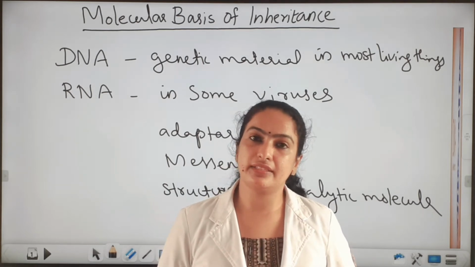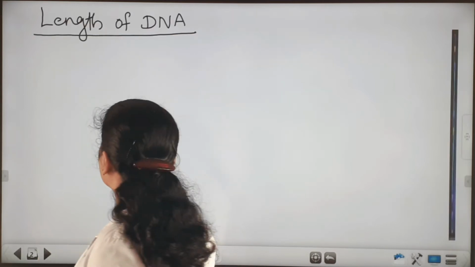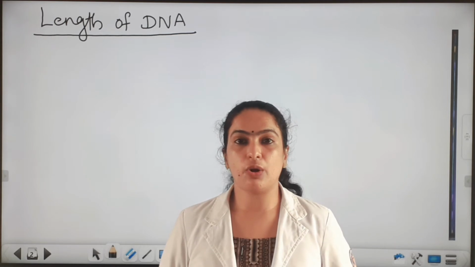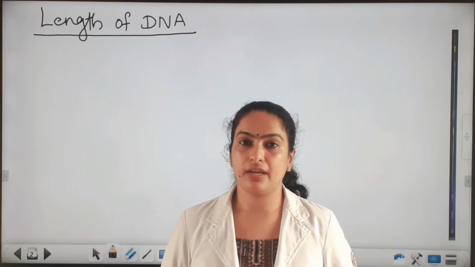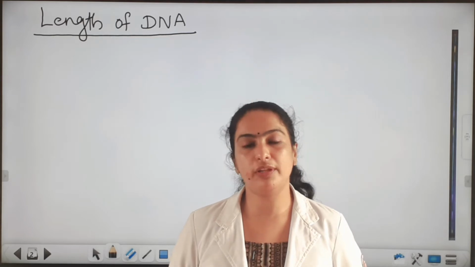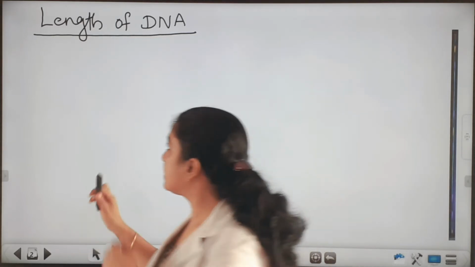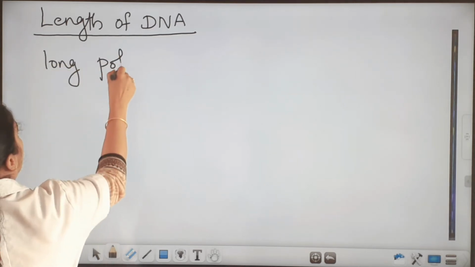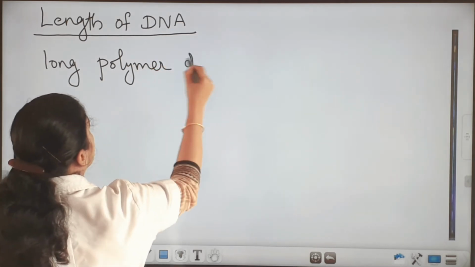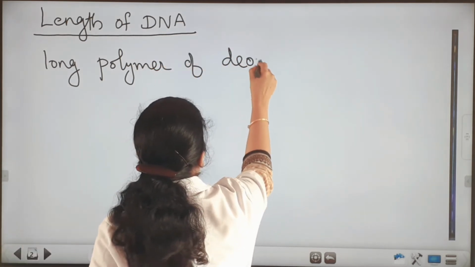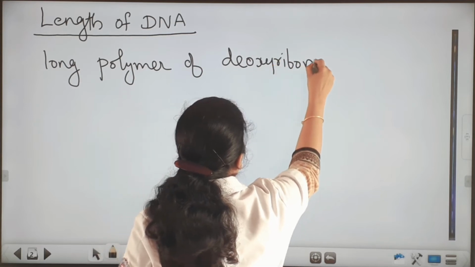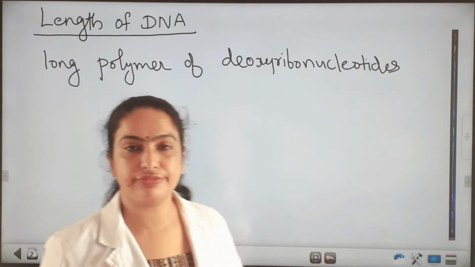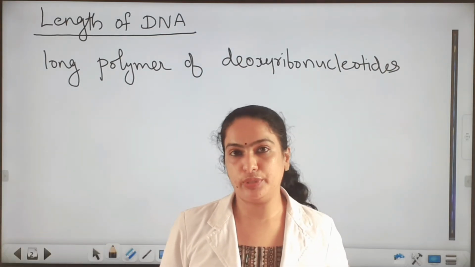And next we can see the DNA in detail. As I told you, DNA is the genetic material, deoxyribonucleic acid. DNA is a long polymer or chain of deoxyribonucleotides.